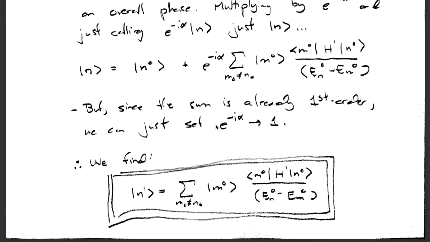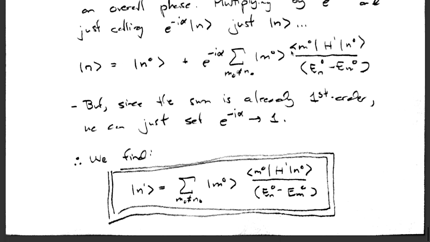So it's telling me now that n1 must be this stuff: the sum over m, where m can't be n naught, of this matrix element divided by the difference in energies, multiplying the unperturbed eigenkets. So n1 takes a nice compact form that looks like this.